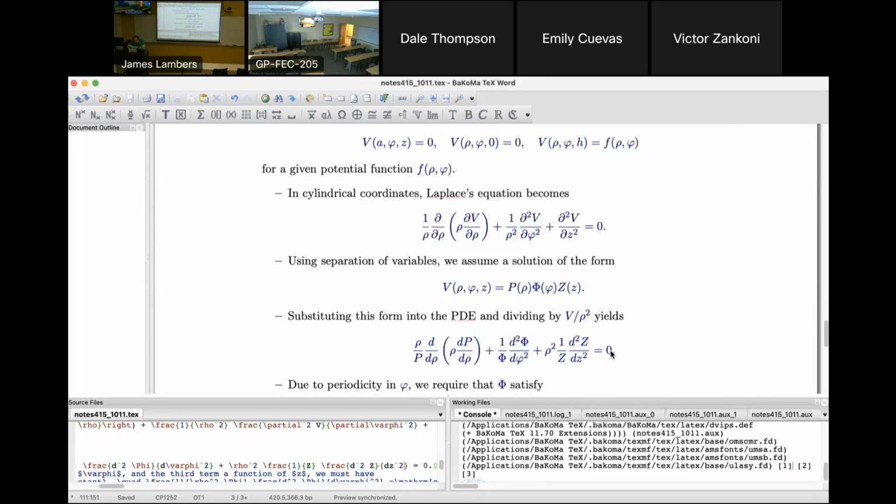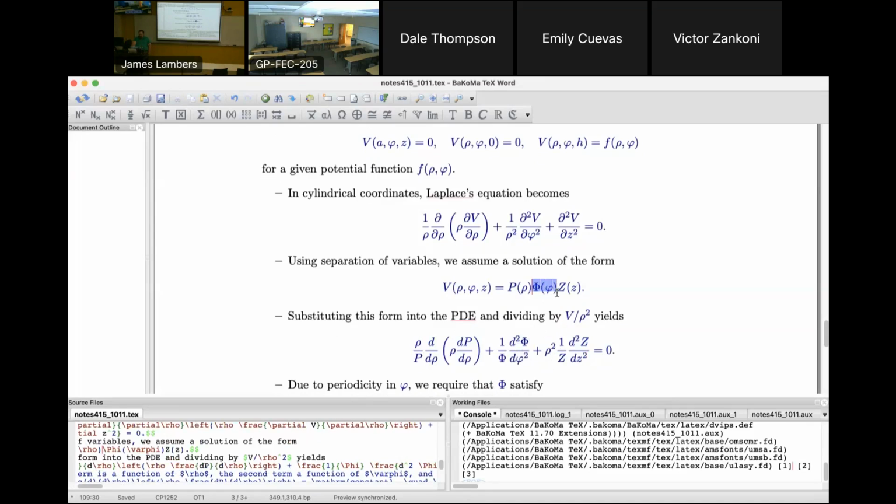Now, since this is a cylinder, we need the phi part to be 2 pi periodic. In other words, phi of phi should be, I guess capital Phi, little phi. I don't make up the conventions. This should be a linear combination of a sine and cosine.